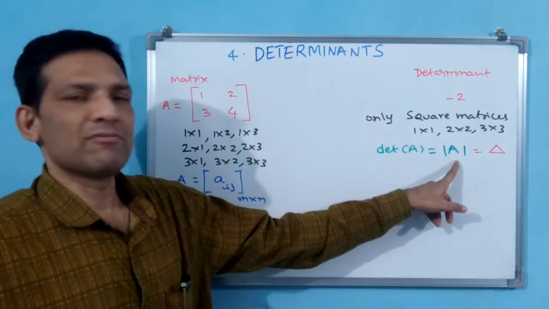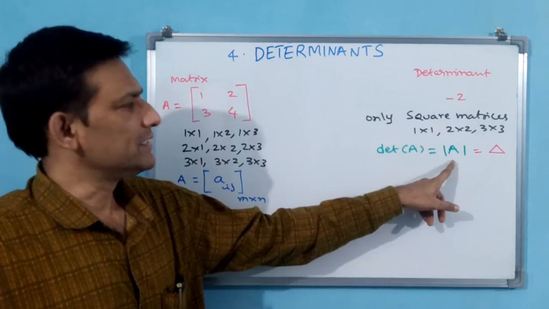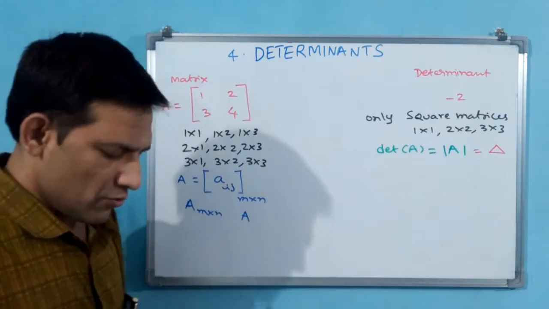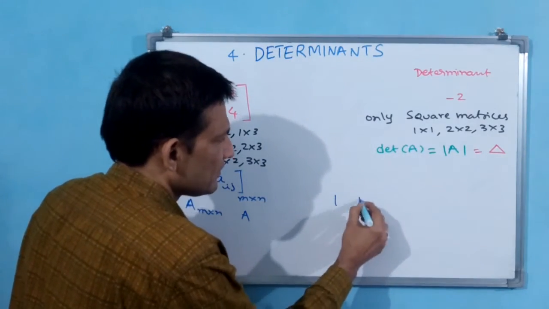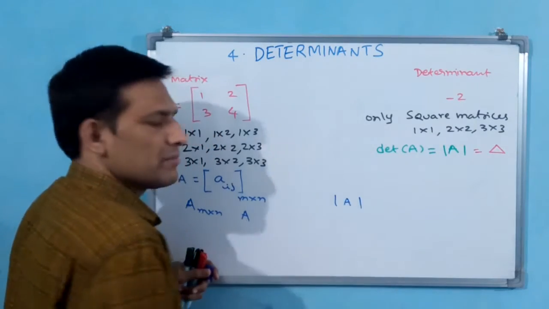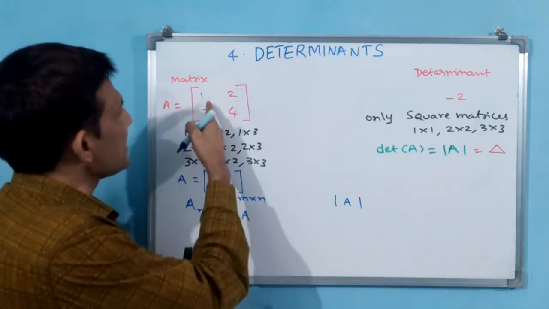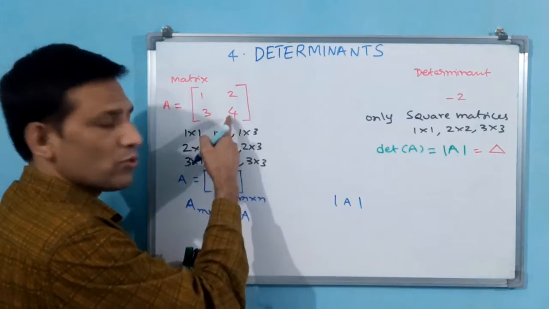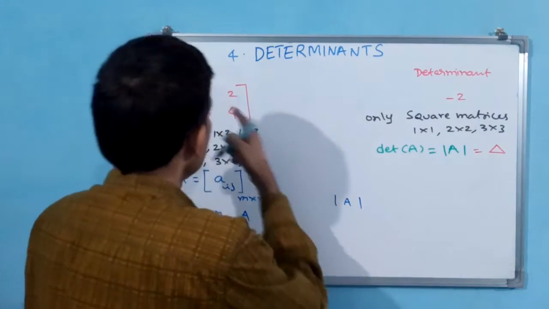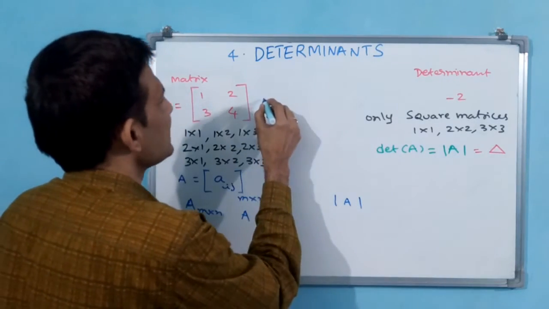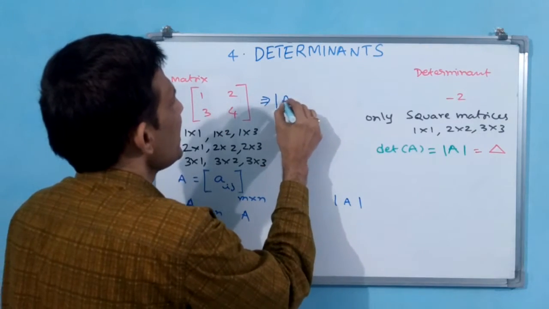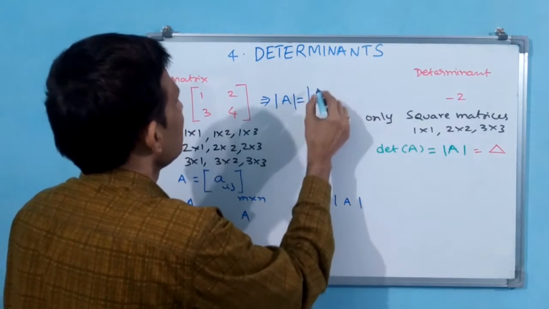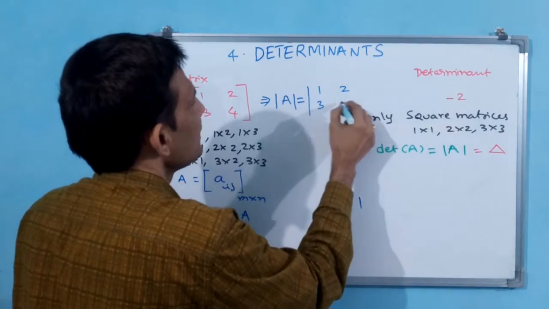More popular is the center one. You have to keep only lines, and in between you can keep the elements. Like a matrix, can we show these elements in between also? Definitely we can. See, this matrix I am showing like this, which implies determinant A is equal to 1, 2, 3, 4.